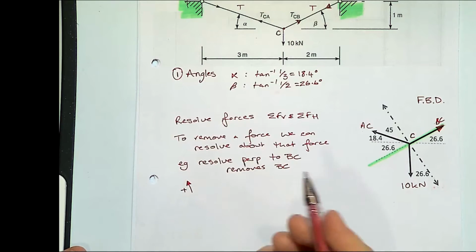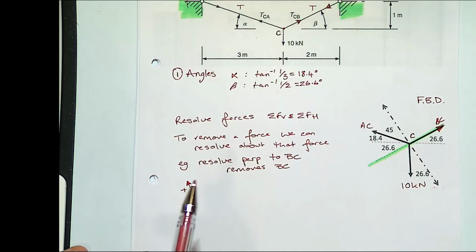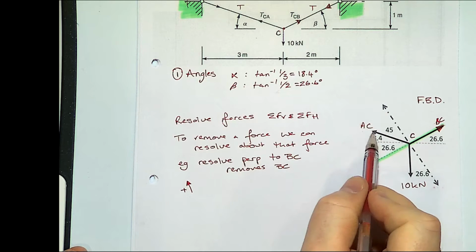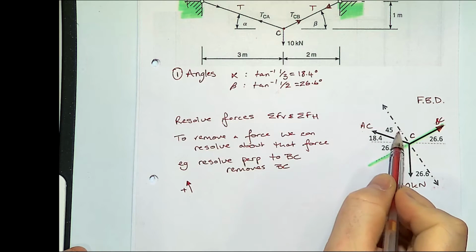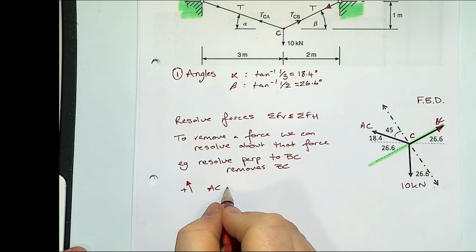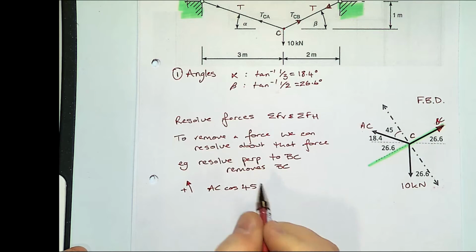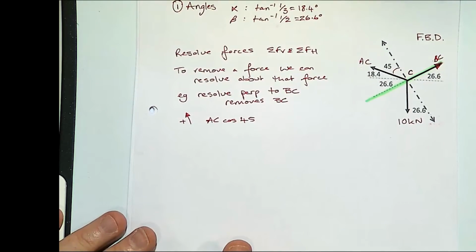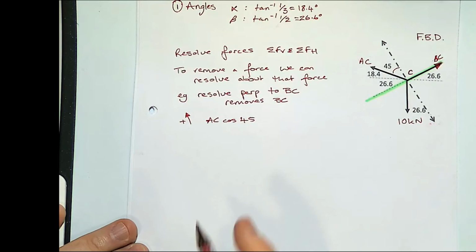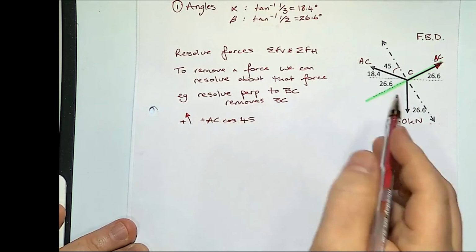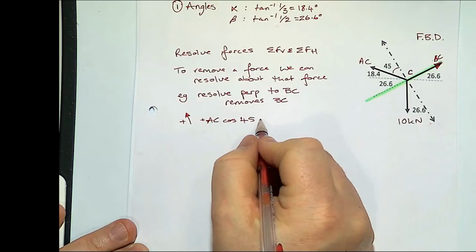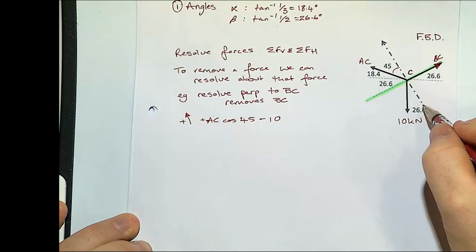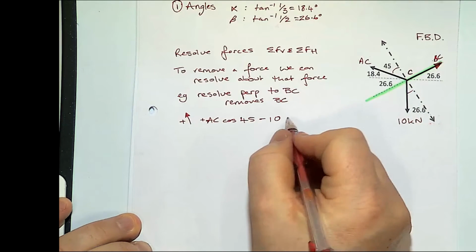So we'll say that everything going to the top left is going to be positive. So we've got our AC cosine 45, that's positive, and then we've got coming downwards, you've got minus 10 cosine 26 degrees.